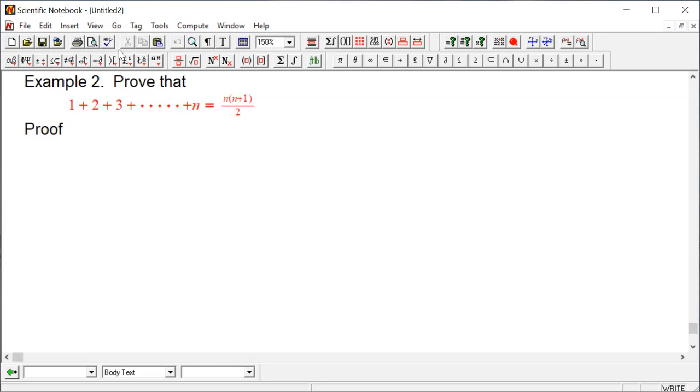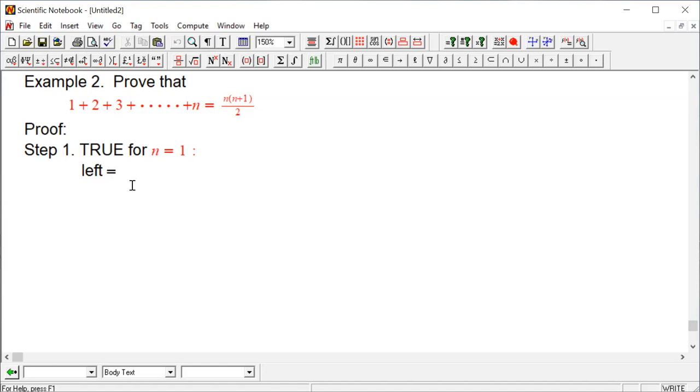Okay, so here's the proof, right? There are 2 steps. First, we need to prove it's true for n equals 1. Is it true for n equals 1, right? When n equals 1, the left-hand side is equal to 1, right?